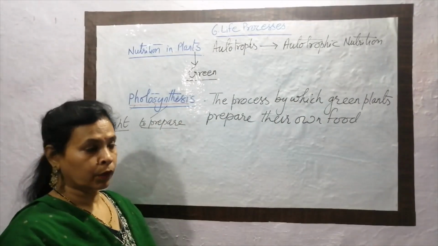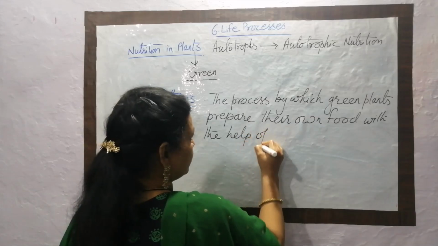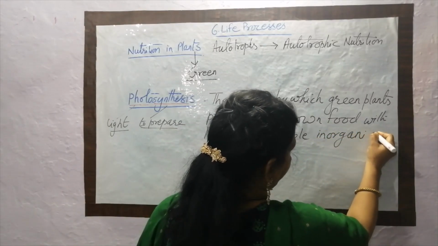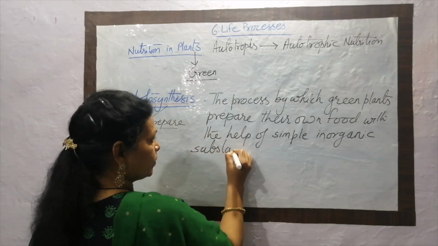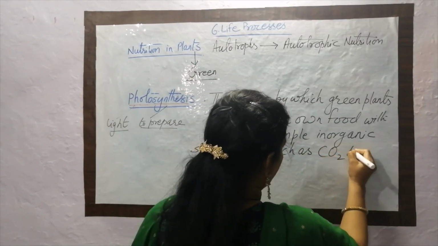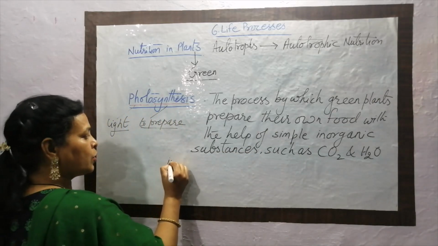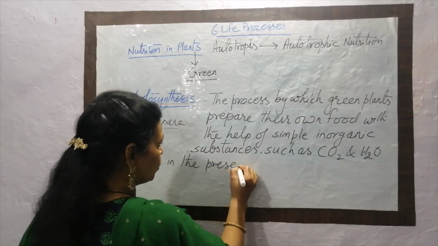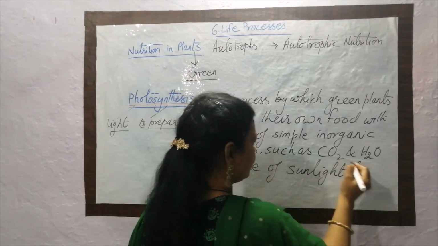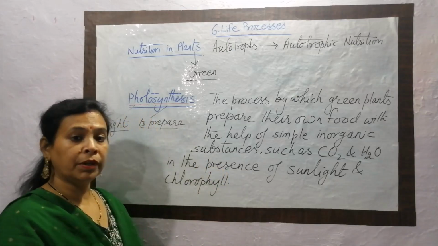Prepare their own food with the help of simple inorganic substance or substances such as carbon dioxide and water, in the presence of sunlight and chlorophyll. That is a simple definition for photosynthesis.